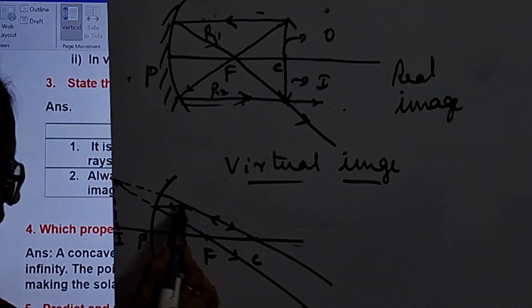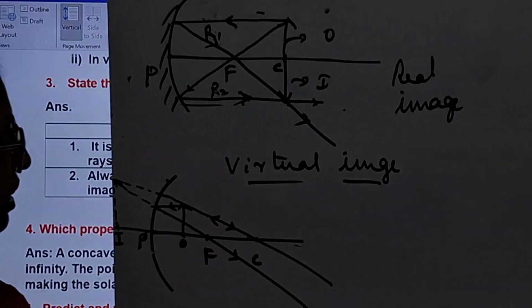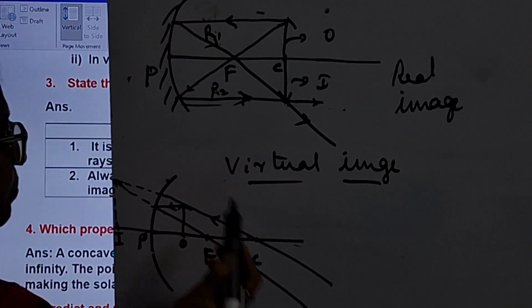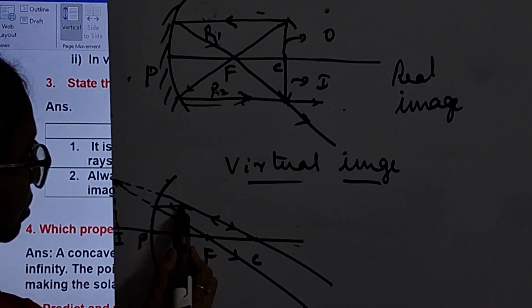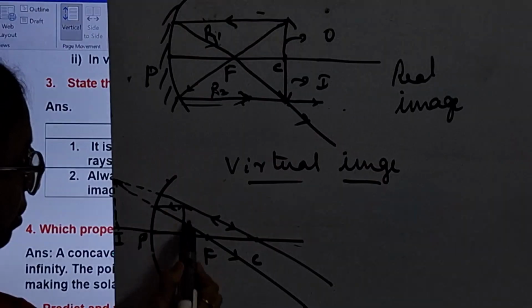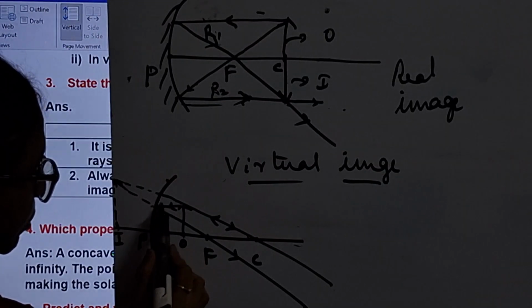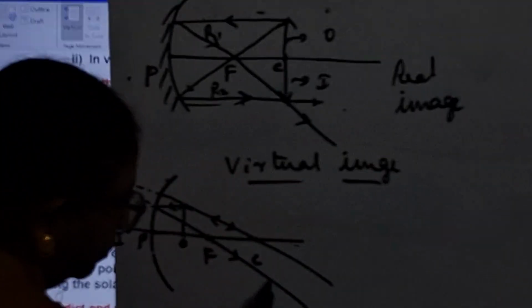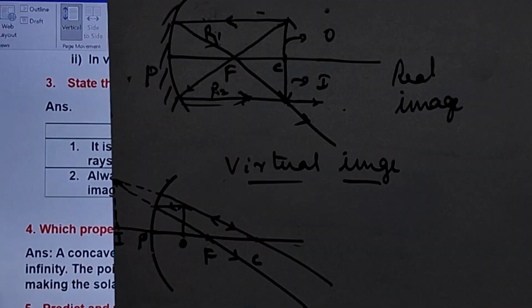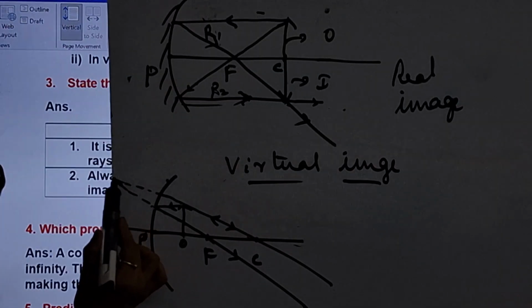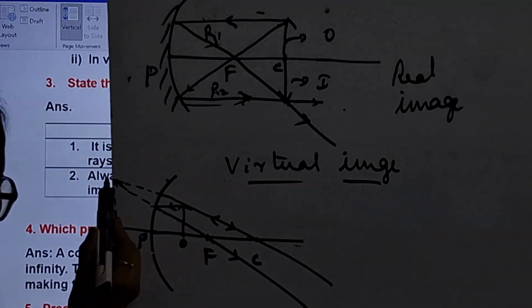This is incident, this is reflected. So this is the line passing through the center of curvature, which has no separate reflected ray. It itself is the reflected ray. Next, another ray from the edge of this object is incident here on the mirror, and it is getting reflected through F. Now these two rays will never meet, but on extending backward, see, they are meeting at a point and you are getting an image here.